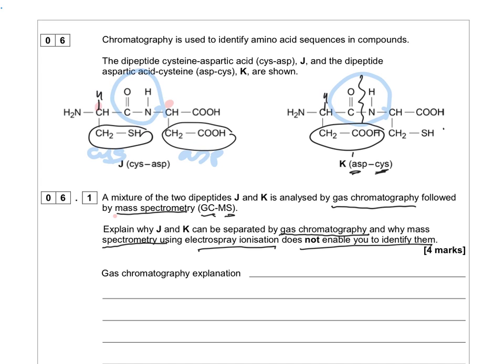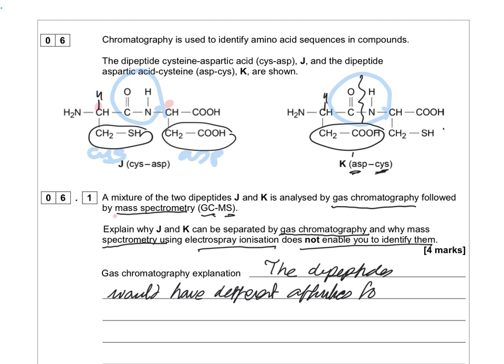So gas chromatography explanation, as mentioned in the last slide, is the dipeptides would have different affinities for the mobile phase, or you could have said the stationary phase, and therefore can be separated.